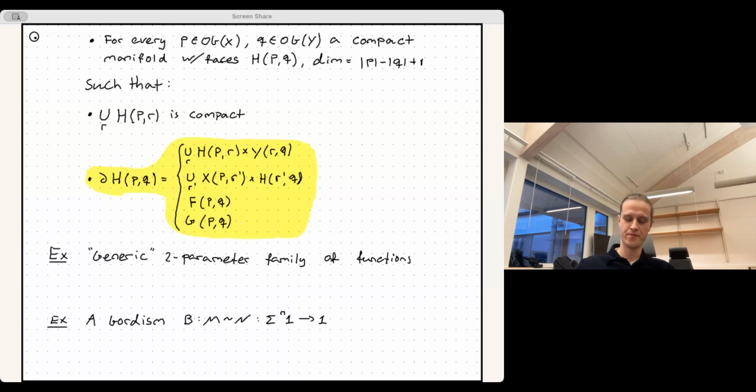So that's a good sign. And in Morse theory, these bordisms show up if you consider two parameter families of functions. Maybe they should be relative to some kind of endpoint, but yeah. This is how you prove that your Morse homology is well defined.